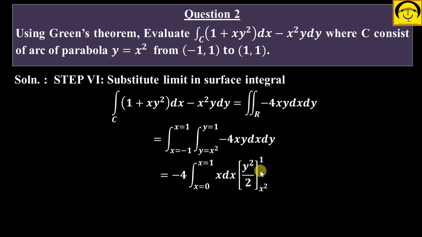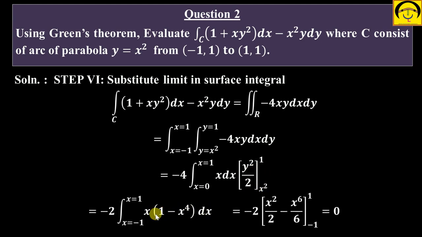Then you substitute the limit x square to 1. So it will be minus 2 times 1 minus x raised to the power 4 by 2. So you'll have x times 1 minus x raised to the power 4. Then you multiply x inside, so it will be x and x raised to the power 5.